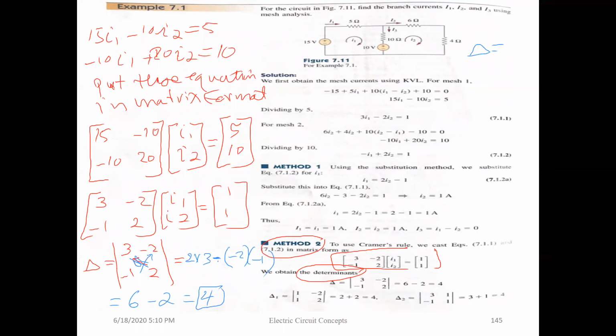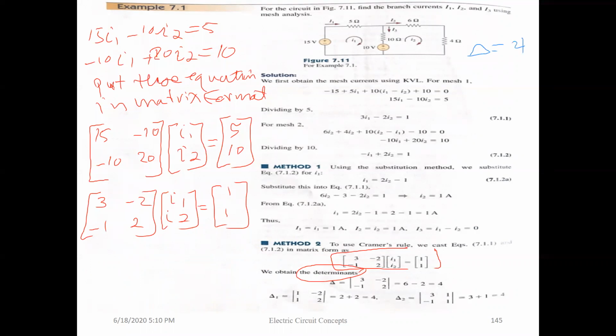Okay, so this is the first one. Before I forget, let me write down delta is equal to 4. Now I need to find delta 1. What is delta 1? For delta 1, I replace the first column of the matrix with the right-hand side column. So it will be 1, 1, minus 2, 2.